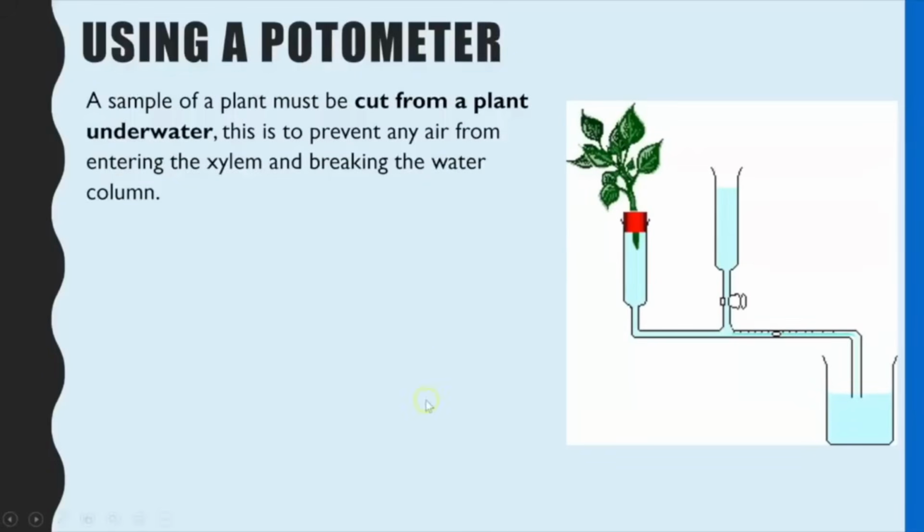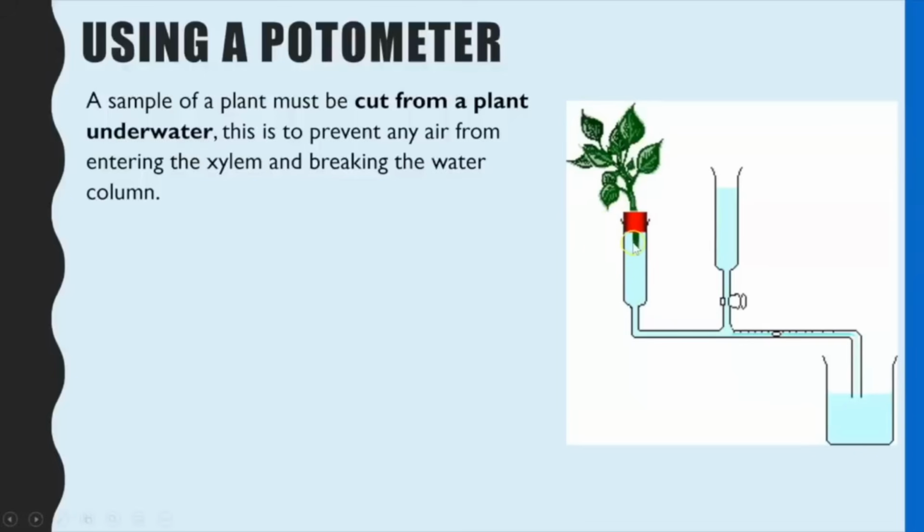So the first thing is you need to get your sample of plant into the potometer. And you tend to just cut off a small section, which you can see in this diagram, from the main plant. And when you cut it, it has to be cut underwater. The reason for that is the xylem has negative pressure, meaning it's constantly pulling up the water from lower down.